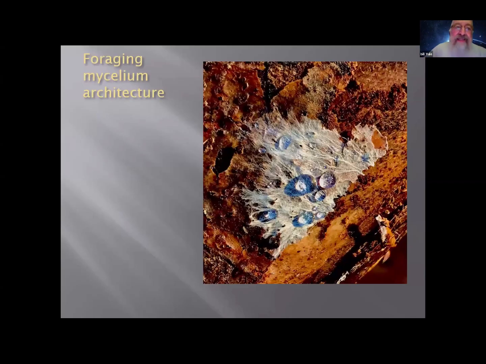So what we can do, if you're a log flipper like me, and you never want fungus season to end, you keep flipping logs until January, you start to notice that mycelium on the underside of logs has particular geometry. And I would call this a fan-shaped geometry right here.